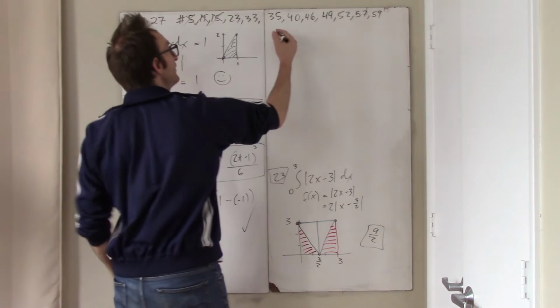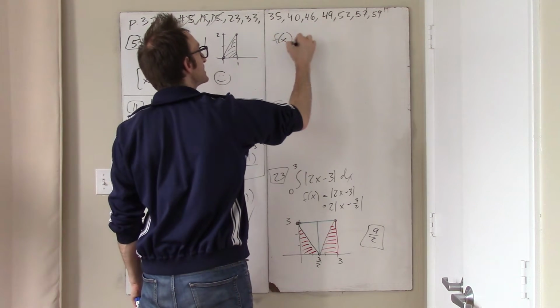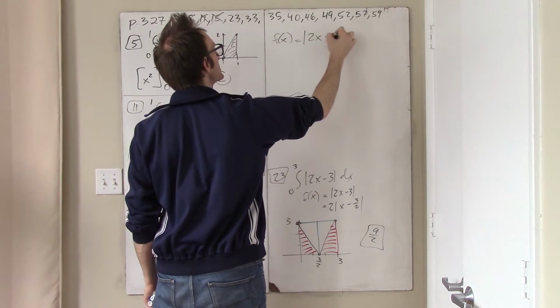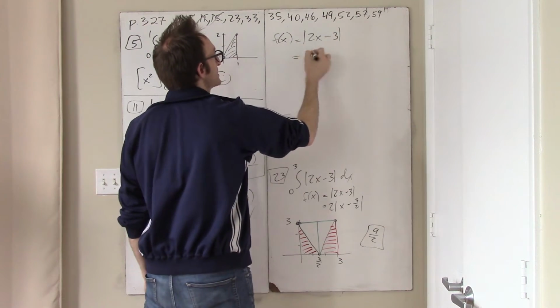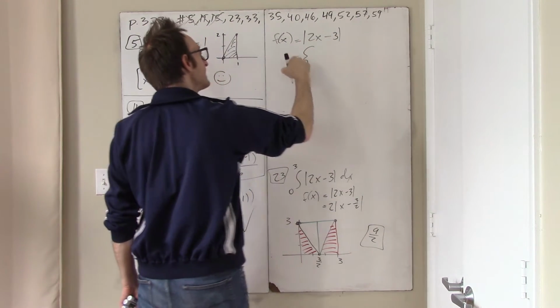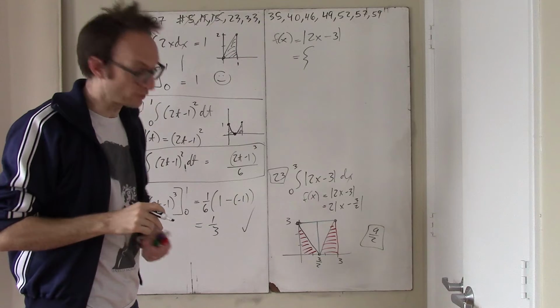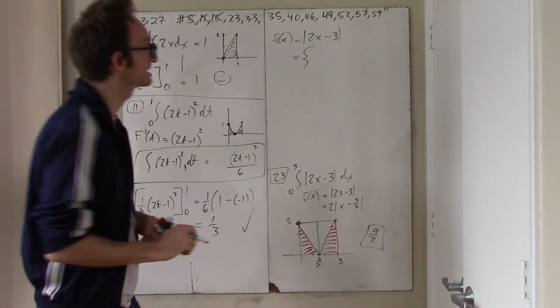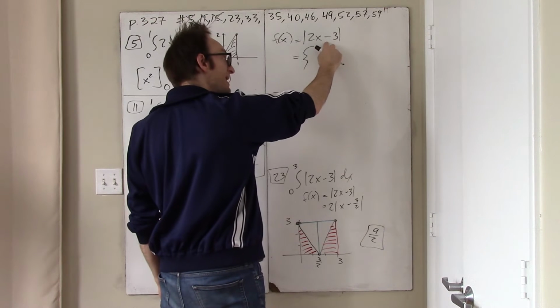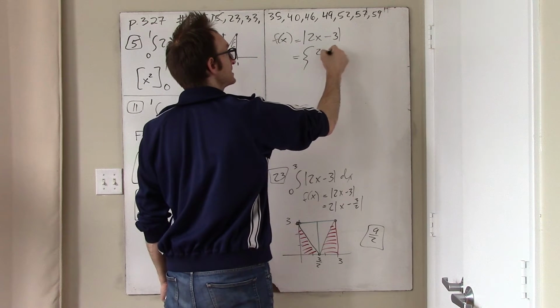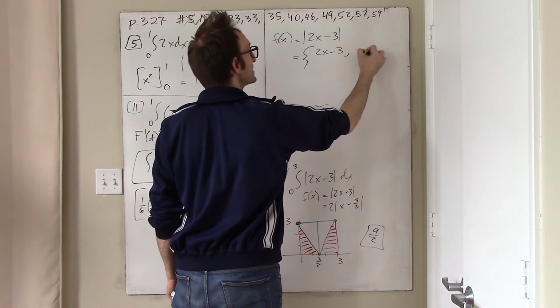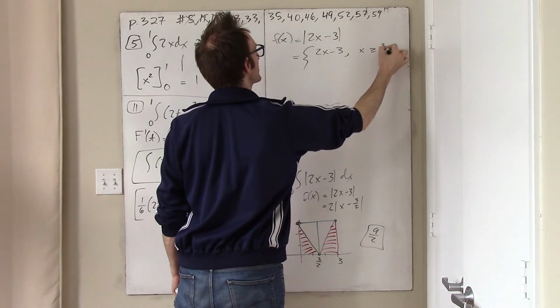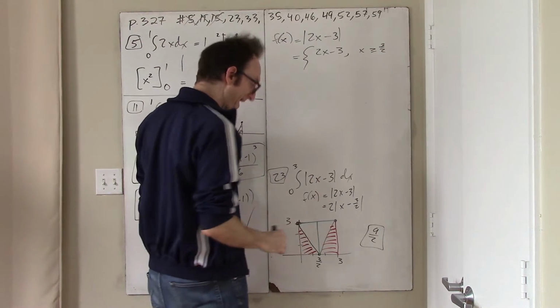If I were to discuss the function absolute value 2x minus 3, probably the very first thing I would say is that it's a piecewise function. When the inside is positive, it's just 2x minus 3. And when is the inside positive? When x is greater than or equal to 3 halves.